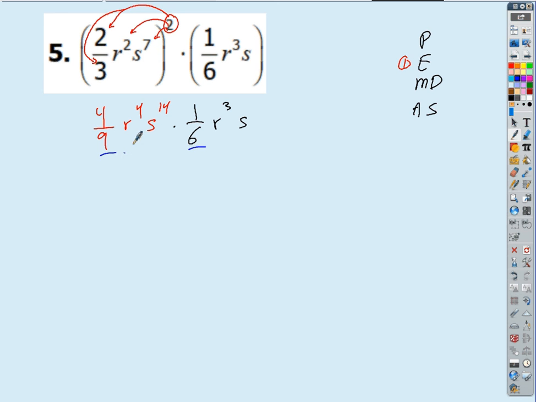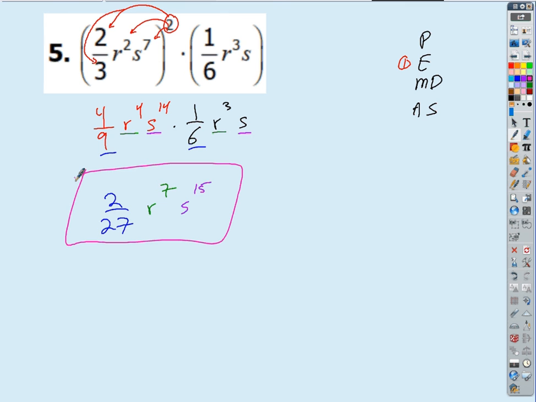So 4 ninths times 1/6 would be 4 54ths, which can be reduced. So what is that? 2/27 after we reduce. Okay, we get r to the 4th times r cubed is r to the 7th, good. And then finally I get s to the 14th times s. There we go. Okay? Make sense? Okay.